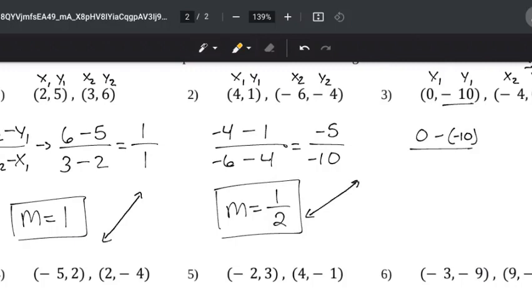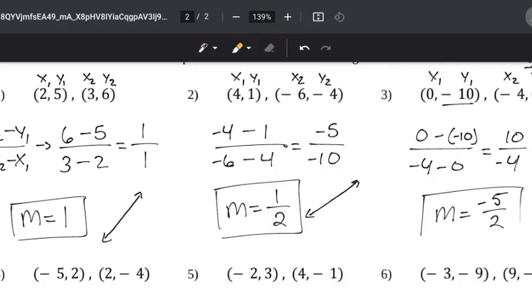So you could write this as 0 plus 10. And then we have negative 4 minus 0. So we get 10 over negative 4, which simplifies to negative 5 over 2. So our slope is negative 5 over 2.